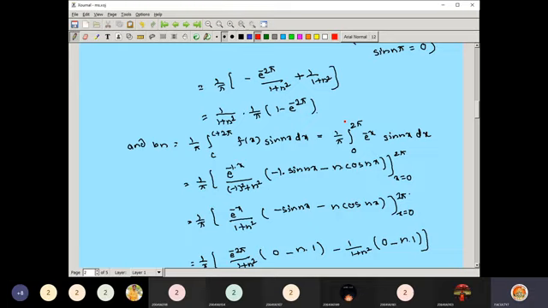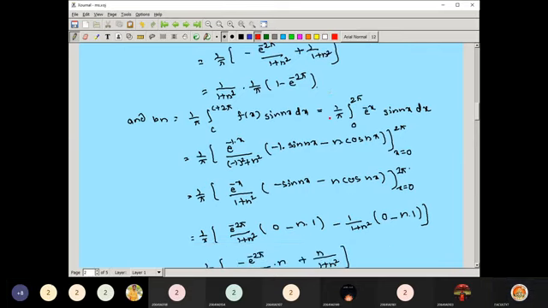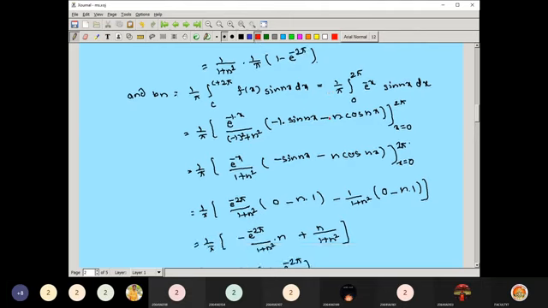Just calculate them and directly substitute in your formula. Even when substituting the limits, you should be very careful.